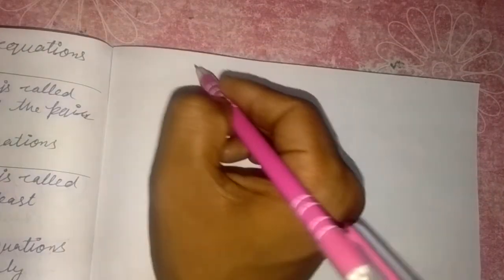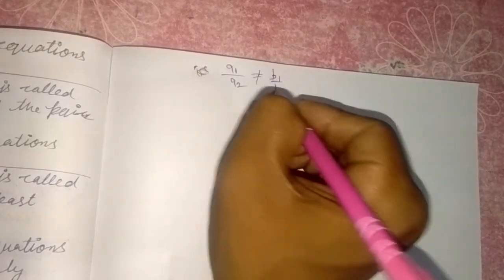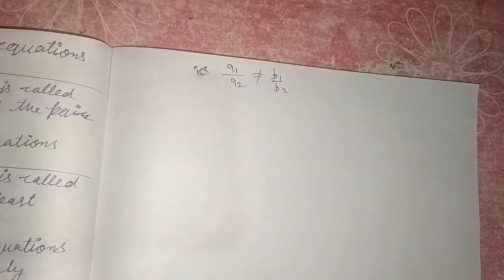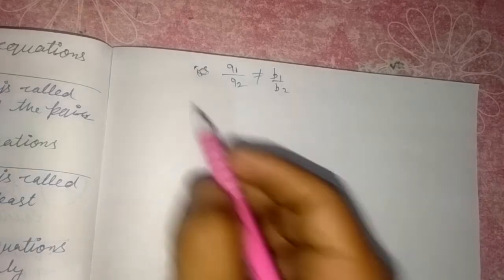Here a1/a2 will be 2/3, b1/b2 will be 3/2, and c1/c2 equal 3/2. Since a1/a2 does not equal b1/b2, the lines represented by these two equations will intersect at one point.